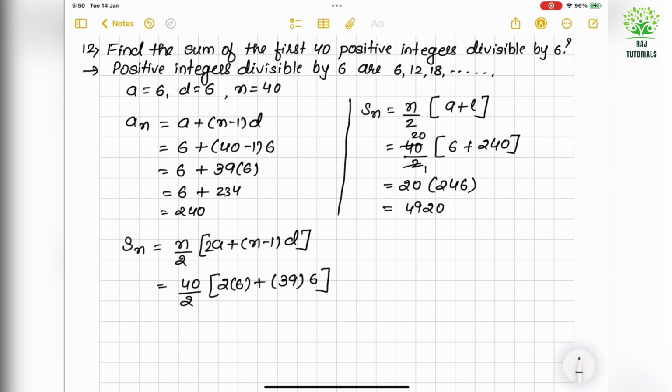So this will be directly 20 into 12 plus 234. So this will be 20 into 642. Again 4920. Whether you use this method or the direct method, this is your method 2. Method 1 is having long steps.